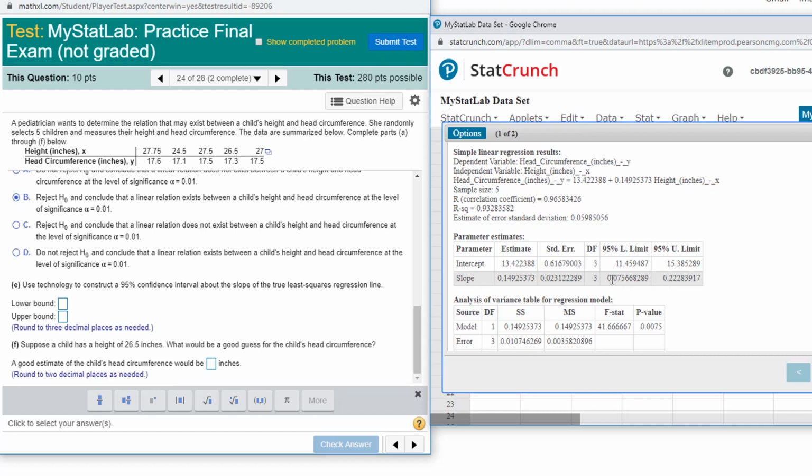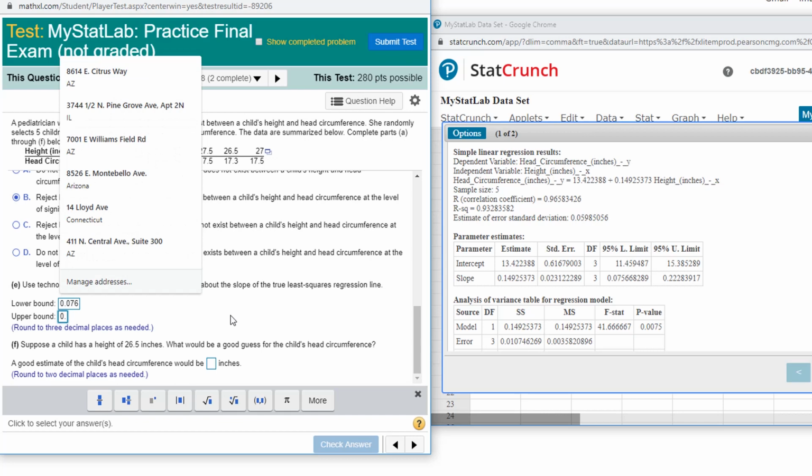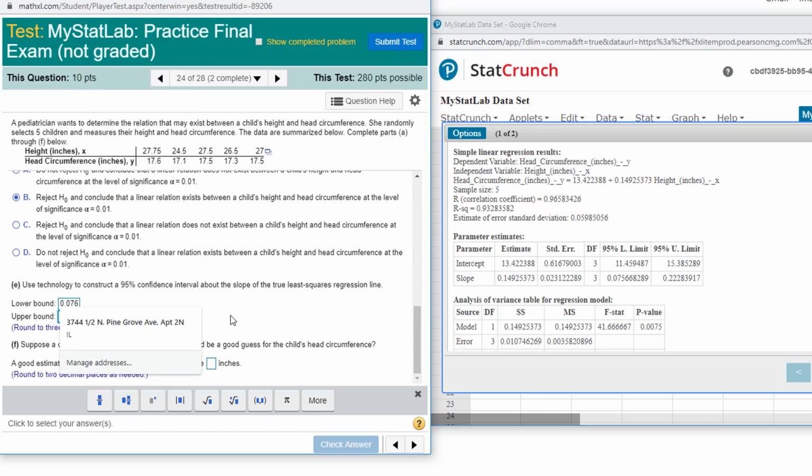And those are confidence bounds, and I want 3 decimal places, so I'm going to need to round those. The lower one is 0.076, and the upper one is 0.223. So obnoxious. Okay, 0.076 and 0.223.